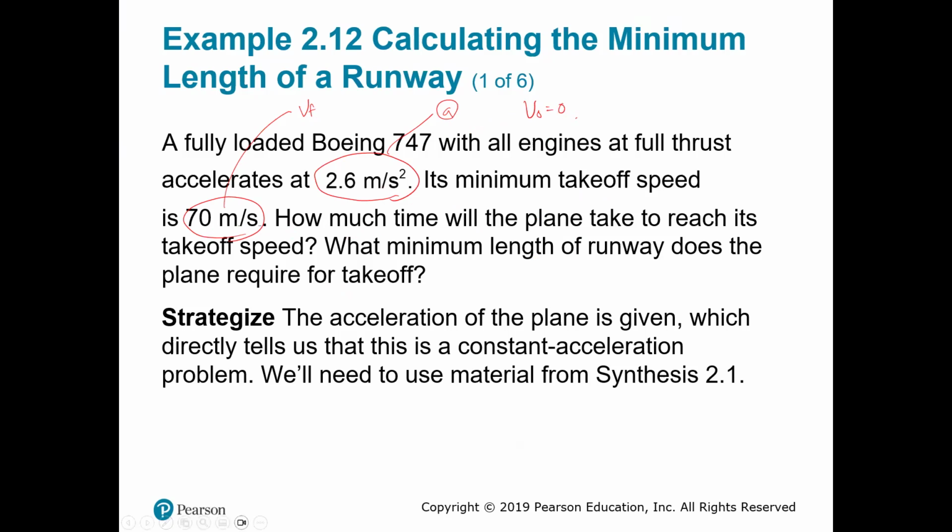So again, 3 known variables. Even though you didn't read the rest of the problem, you can say the problem will ask how long it will take and how far it will travel, right? Then you read the problem: how much time, this is about time, and what is the minimum length of a runway, this is the distance, right?